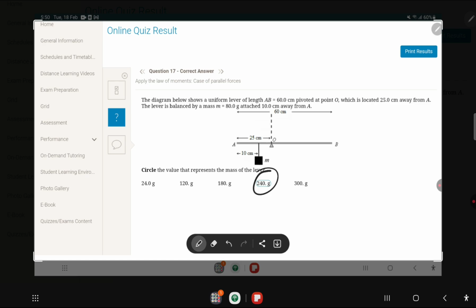Since it's going to be at equilibrium, they wanted it to balance.